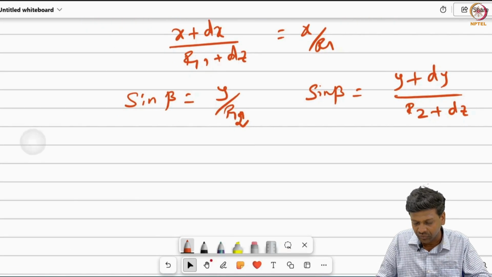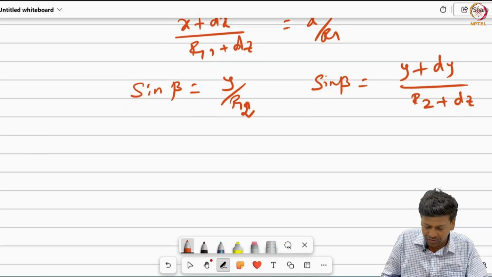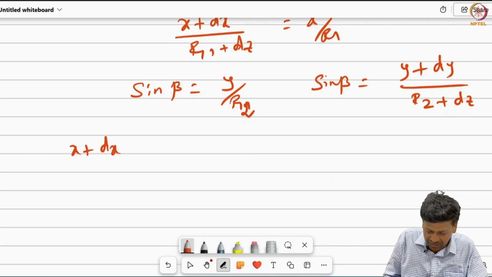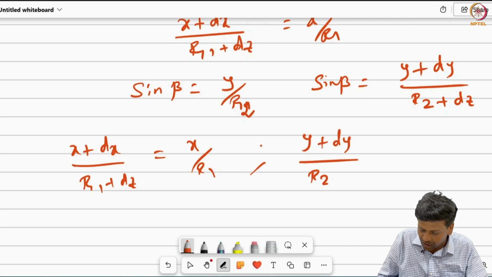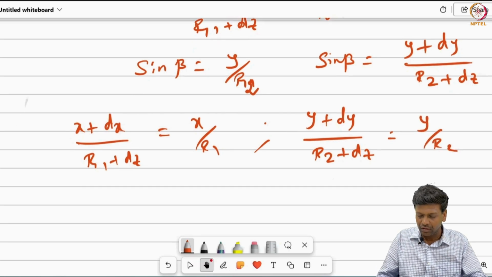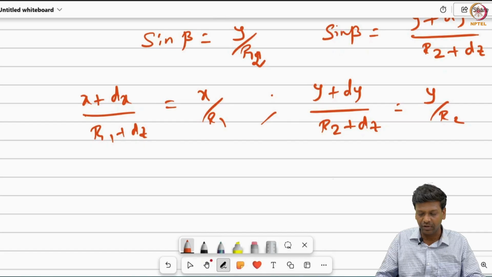Simply, one would get x plus dx divided by R1 plus dz equal to x by R1, and y plus dy divided by R2 plus dz equal to y by R2. This is the relation we obtained from these propositions.